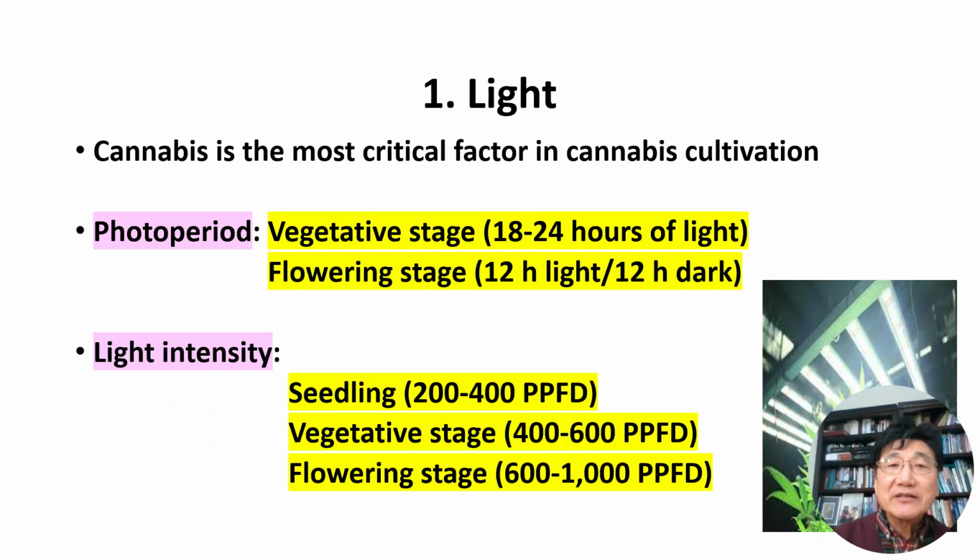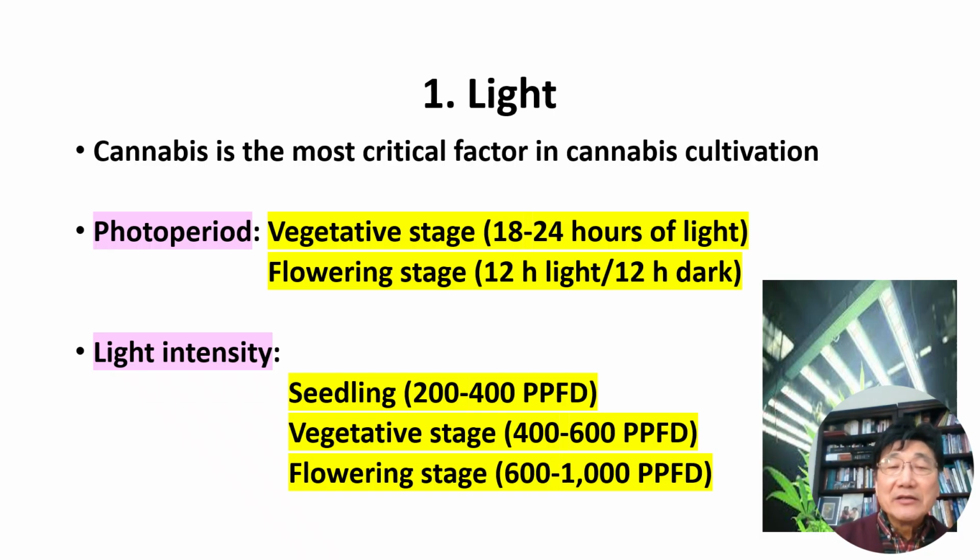Light is the single most critical factor in cannabis cultivation, influencing every stage of growth and yield quantity. Cannabis is a photoperiodic plant, meaning its life cycle is heavily dependent on changes in daily light exposure.